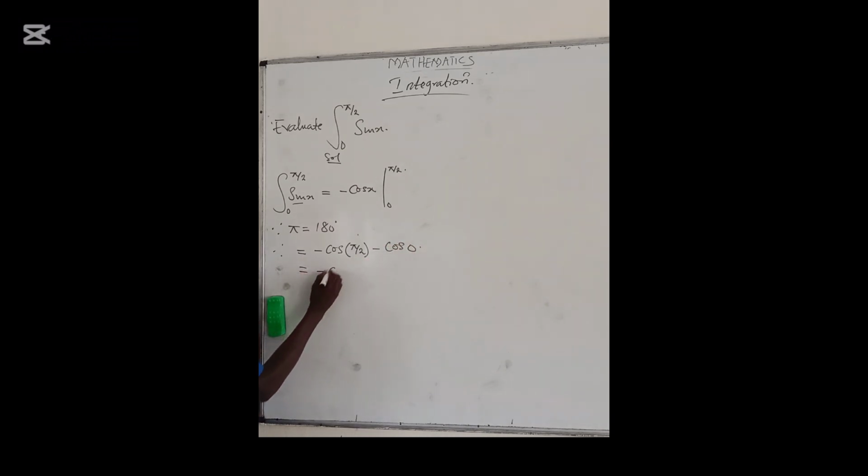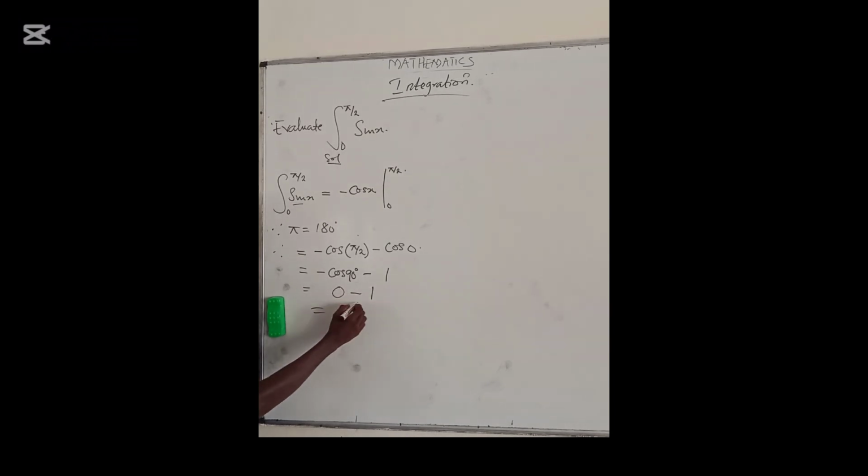So which is going to be minus cos of 180 divided by 2, which will give you 90 degrees, minus cos 0, which will give you 1. Cos 90 will give you 0, so it's 0 minus 1. So your answer is equal to minus 1. So that is your final answer.